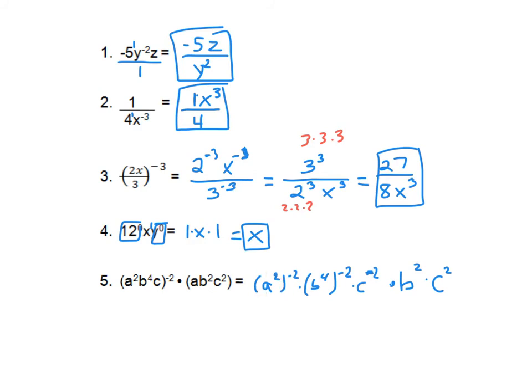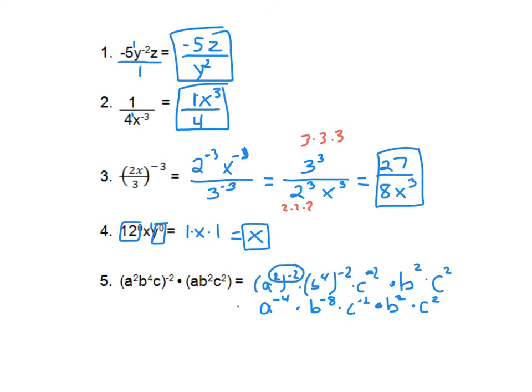So I'm going to rewrite this as a to the negative 4, because I multiply these exponents when they're in the power rule situation, times b to the negative 8 times c to the negative 2 times b squared, times c squared.